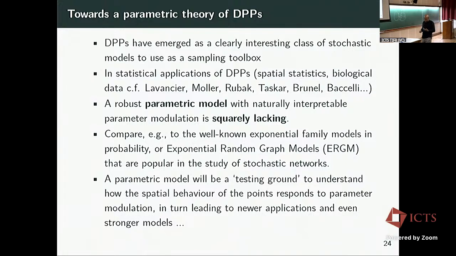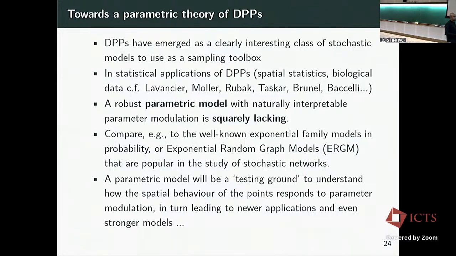So it's understood that a determinantal process is completely characterized by its kernel. So if you modulate the kernel, your distribution changes, but the relationship between the point pattern and the kernel is highly implicit. It's baked inside this determinant, which is a highly nonlinear function.